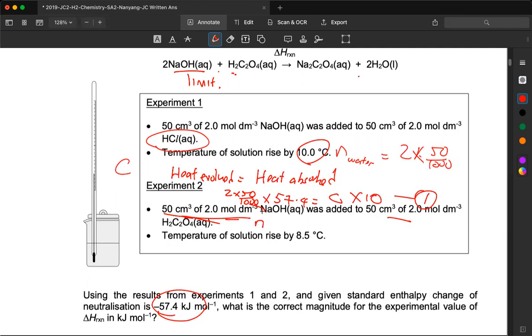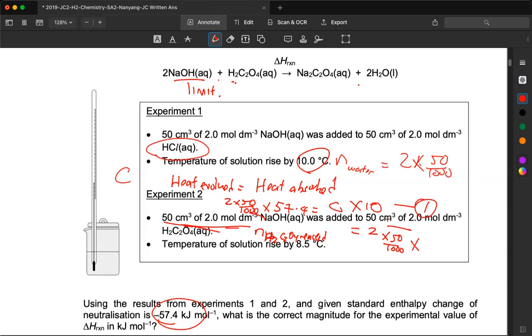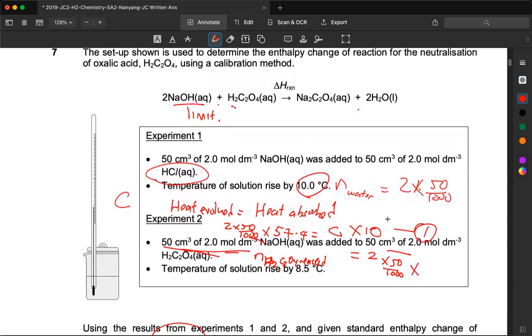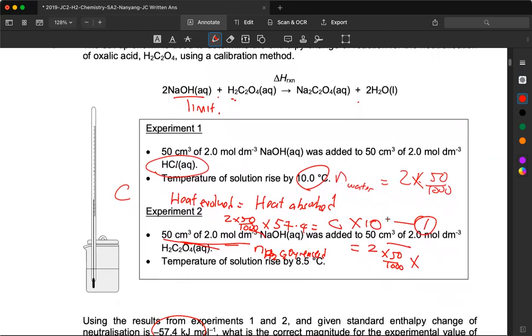So the number of moles of H2C2O4 reacted is equal to 2 times 50/1000 times. So the number of moles of acid that reacted is only half of it. Only half of it.